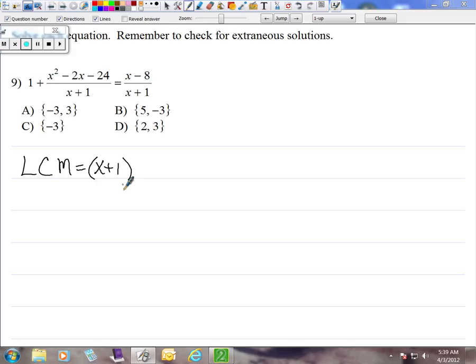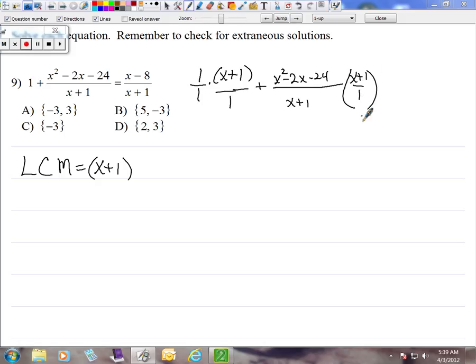All right. So the first one is 1 times x plus 1. Then we have a plus. We have x squared minus 2x minus 24 over x plus 1, and we need to multiply it by x plus 1 over 1, equals x minus 8 over x plus 1.